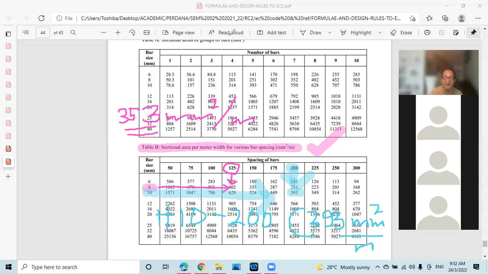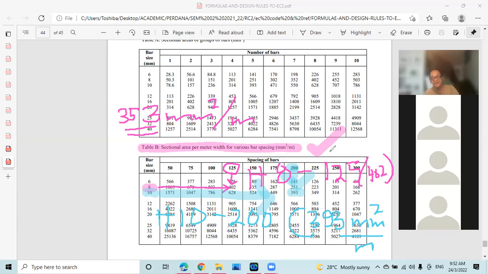Or I can choose H8 here, H8 at 125 spacing, where the area provided is 402 millimeter squared per meter. So you can either choose H8 at 125, or H10 at 200 is also okay.